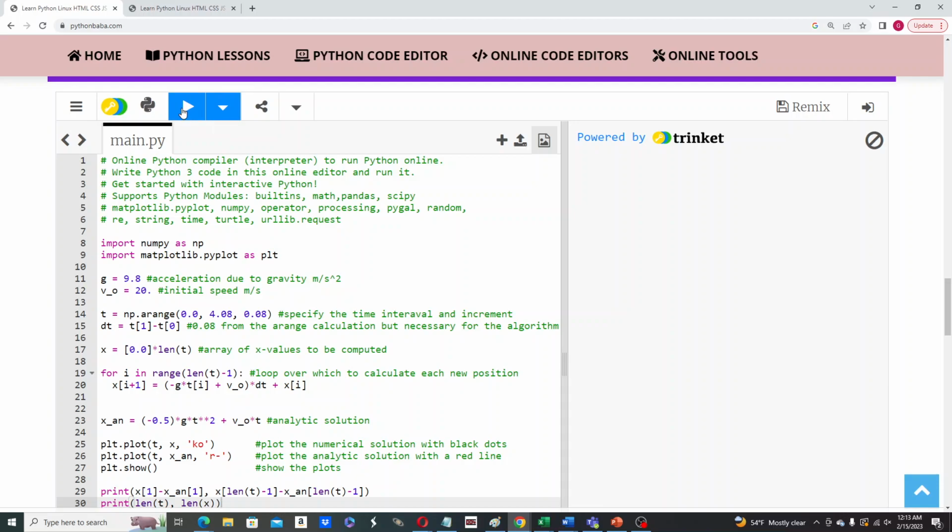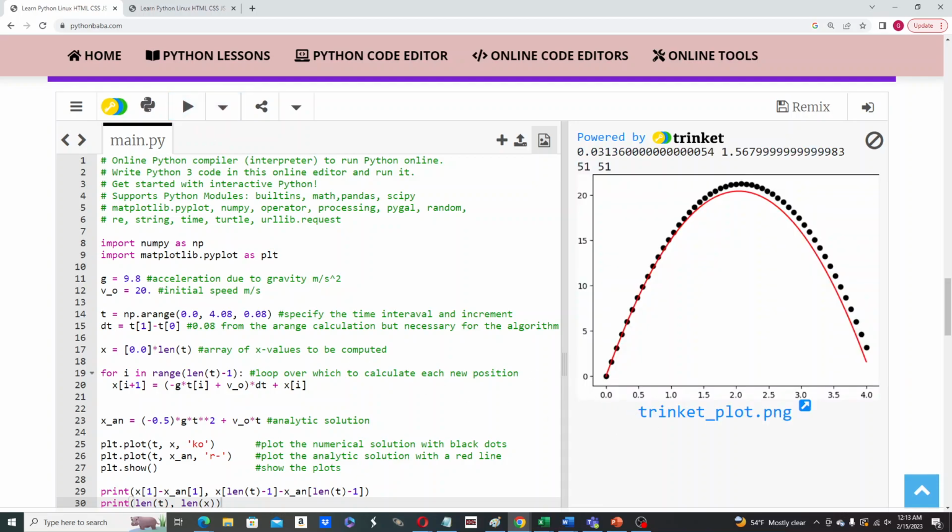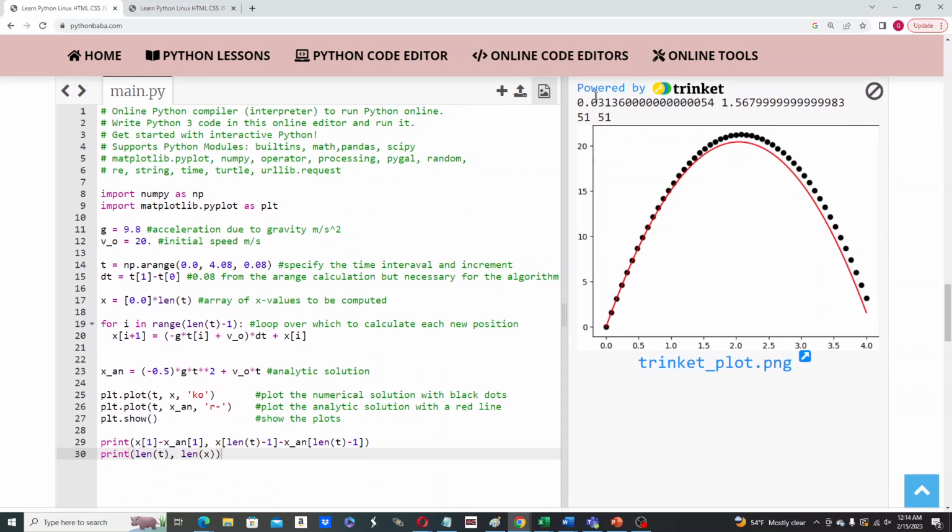So let's run this and see what we get. Okay, so this first number, the difference between my numerical solution, its first element, and the first element in the analytical solution is 0.03. So this is your index of 0.